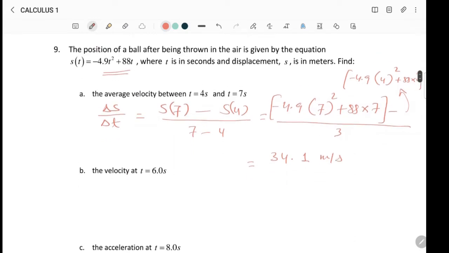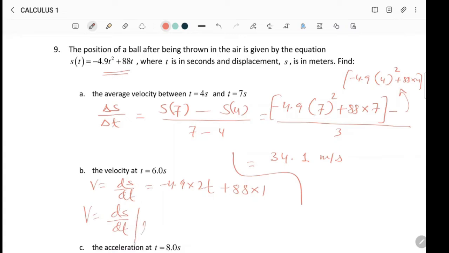Okay, the velocity at t equals 6. So guys, velocity is ds over dt, so we need to differentiate that. So minus 4.9 times 2t, and this is 88, and since the differentiation of t with respect to time is 1, now we have to put 6. That's it. So velocity is the differentiation of displacement with respect to time, and we have to put t equals 6 in this.